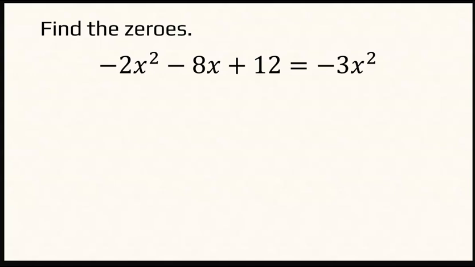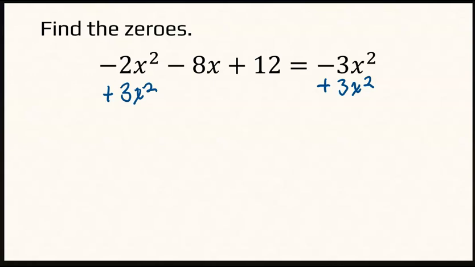In this example, I cannot factor. The reason being is because this quadratic is not set equal to 0. So what I'm going to do is set this equation equal to 0 by doing the inverse operation here and adding this 3x squared to both sides.